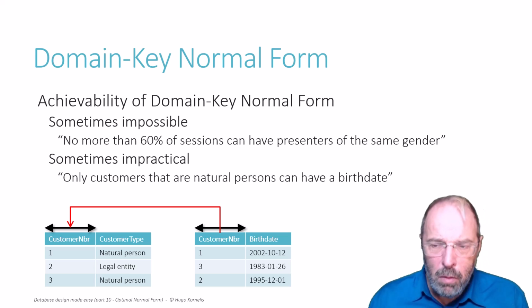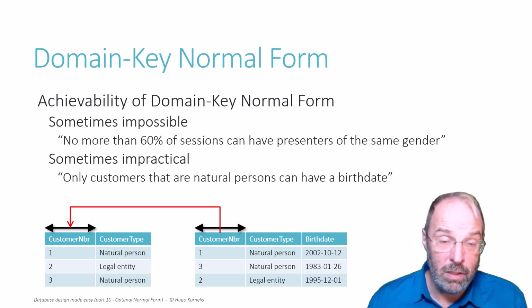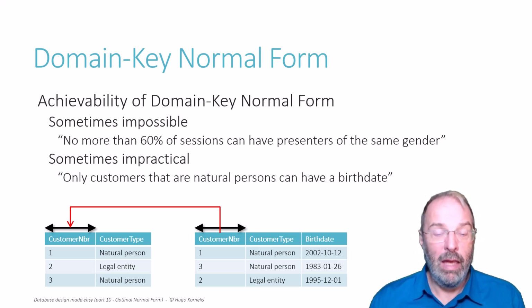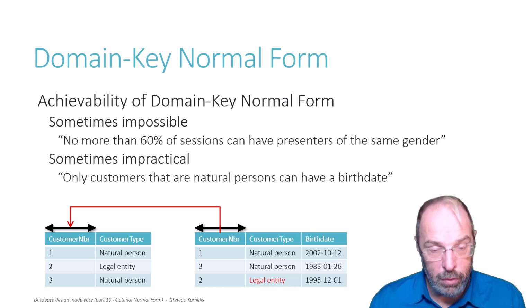So once more, we need to add a computed column. We need to add the customer type redundantly to the natural persons table. And at this point, we can now add a domain that says the customer type in that table can only be the value natural person.